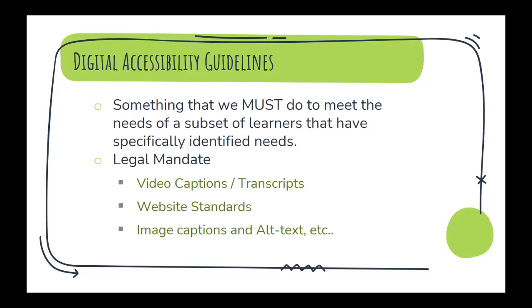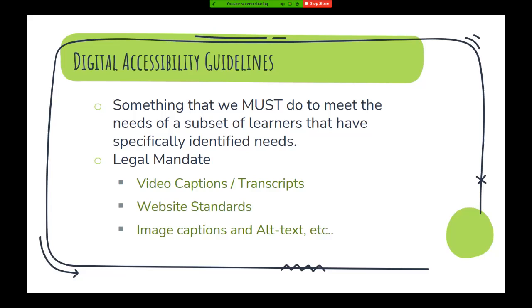We have to meet color contrast standards and not have light gray or light blue text, because that may not be visible to people who have color blindness. And you know what, color blindness is one of those disabilities that students don't necessarily report, but that is one that's covered under accessibility standards.